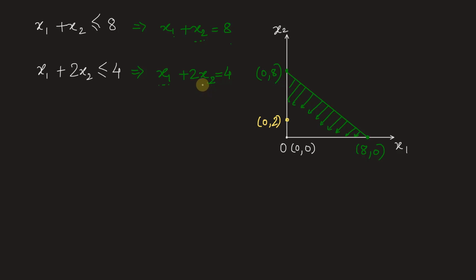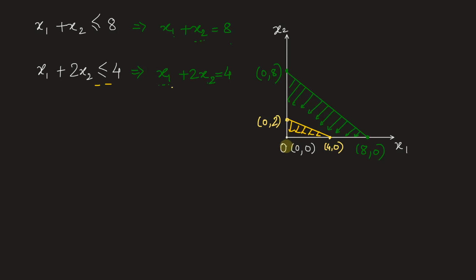And putting x2 as 0, we get x1 as 4. So this belongs somewhere here. That is 4, 0. So the line that represents this x1 plus 2x2 equal to 4 will be this line. And the region that will represent the inequality is this region.